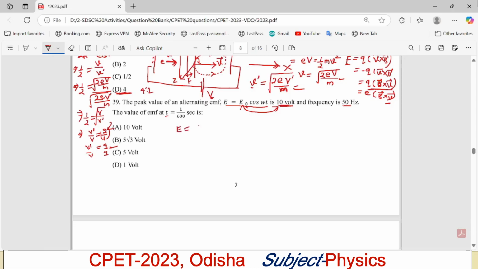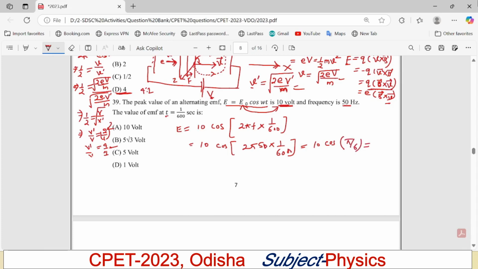So E equals E naught, 10, cos omega, which is 2 pi f t, with t given as 1 by 600. So cos 2 pi into 50 into 1 by 600. The zeros cancel, and this will be 10 into cos pi by 6.